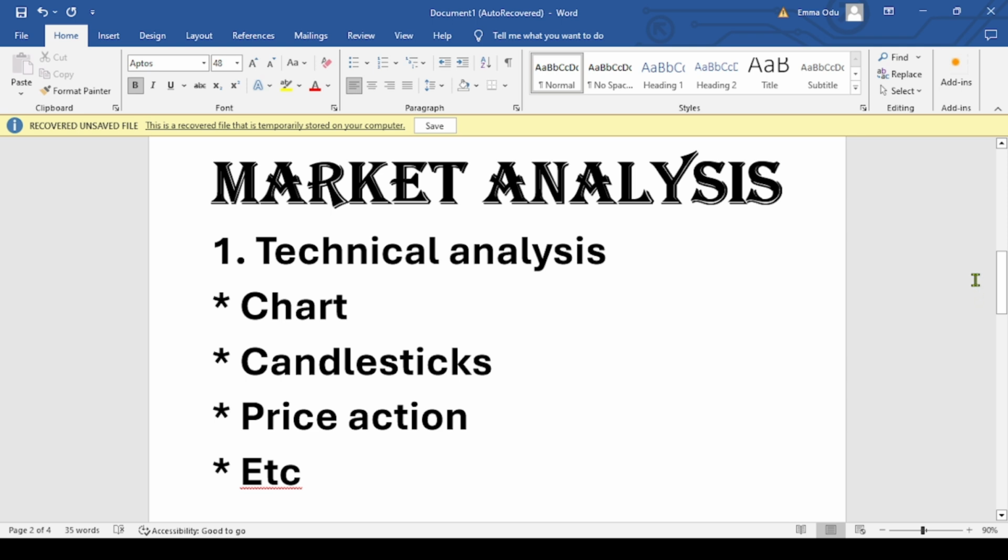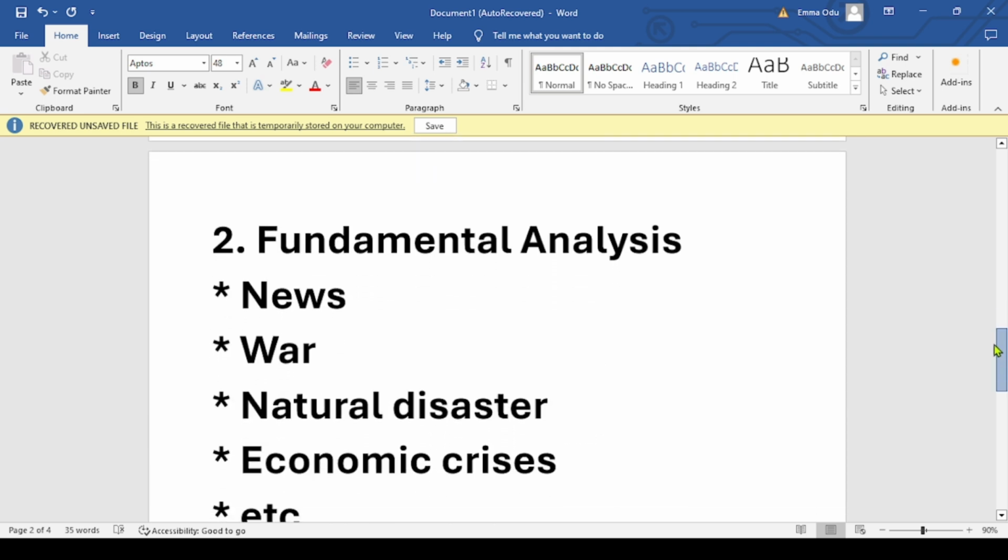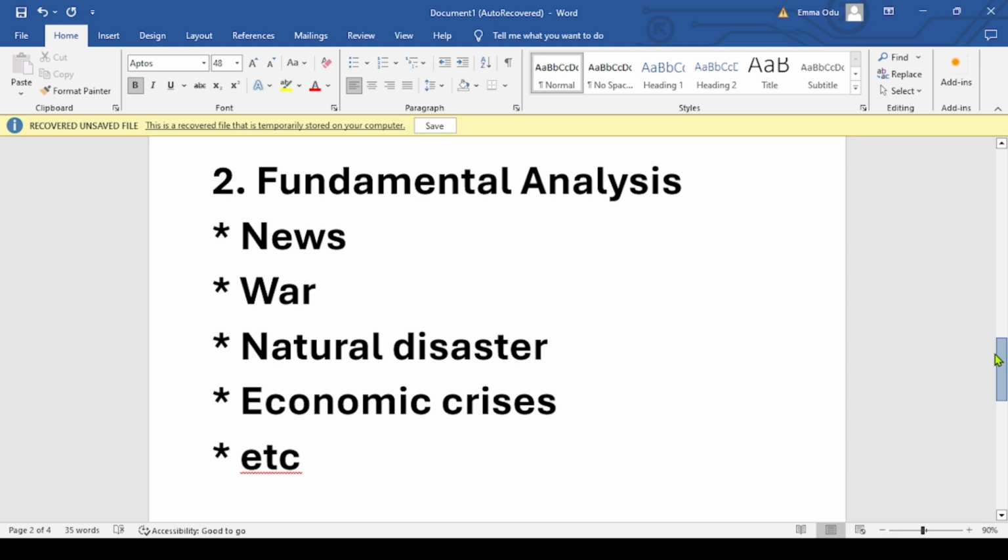So I'm going to move to the other way of analyzing the market, which is fundamental analysis. In this analysis, we make use of news, war, natural disaster, economic crisis. These are the things that affect the market negatively or positively.